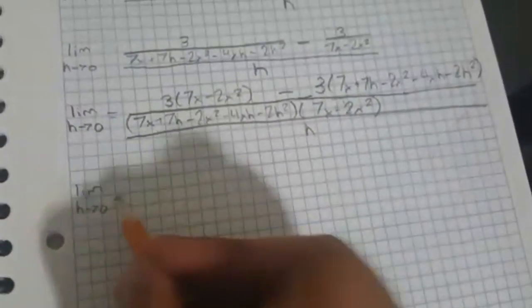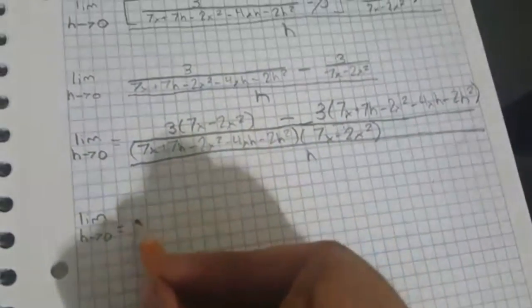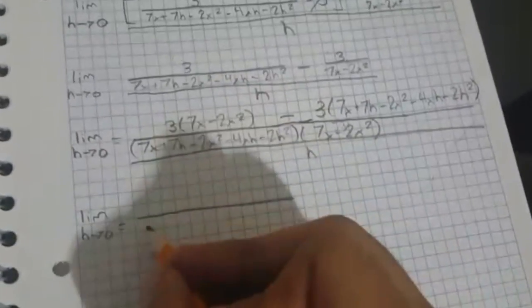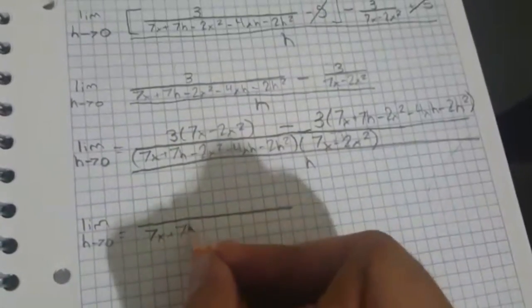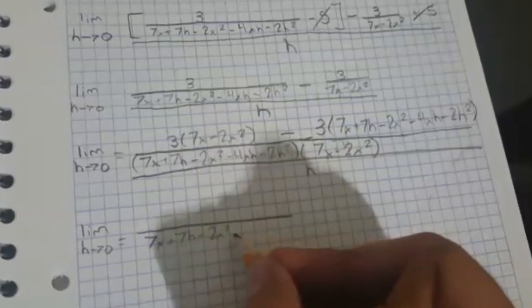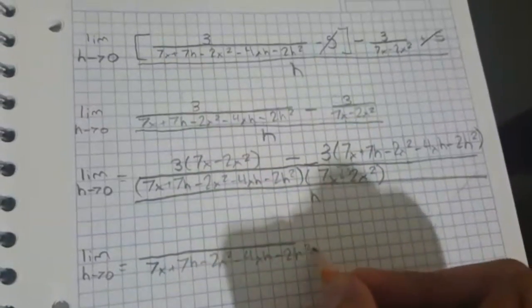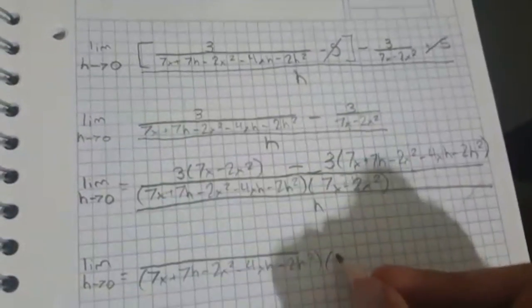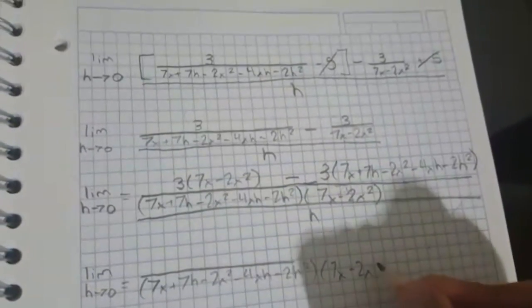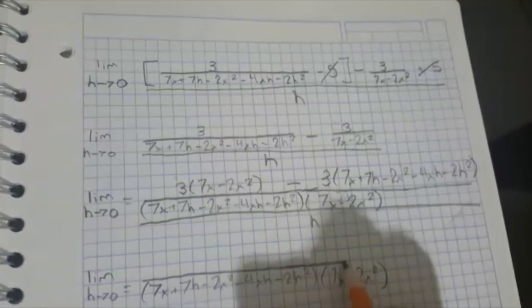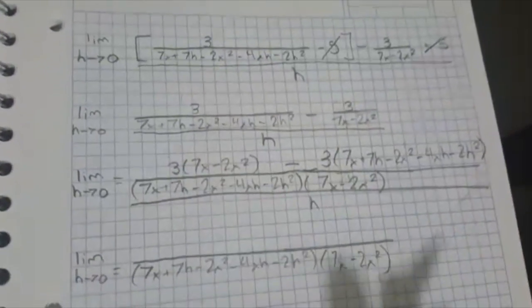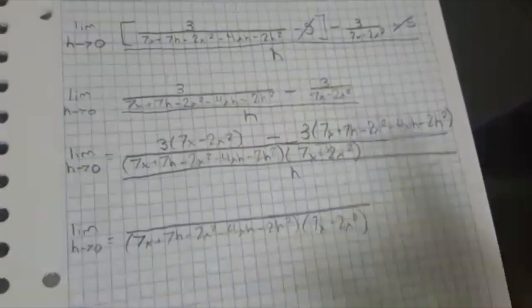Limit as h approaches 0. Notation is pretty important, so don't forget it. It will be 7x plus 7h minus 2x squared minus 4xh minus 2h squared. Why didn't I simplify the denominators? I think it's easier to leave it like that, and later we will cancel it.